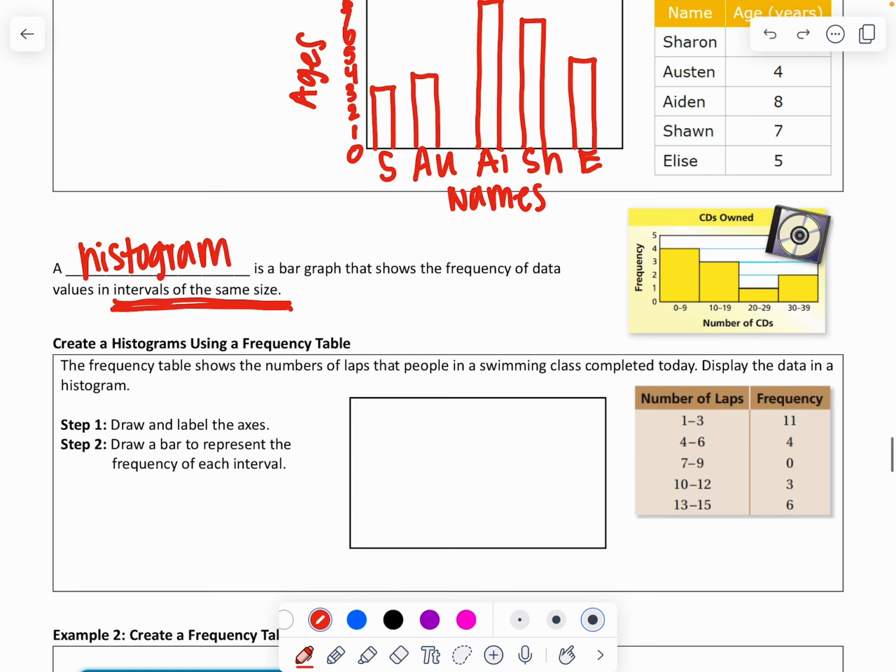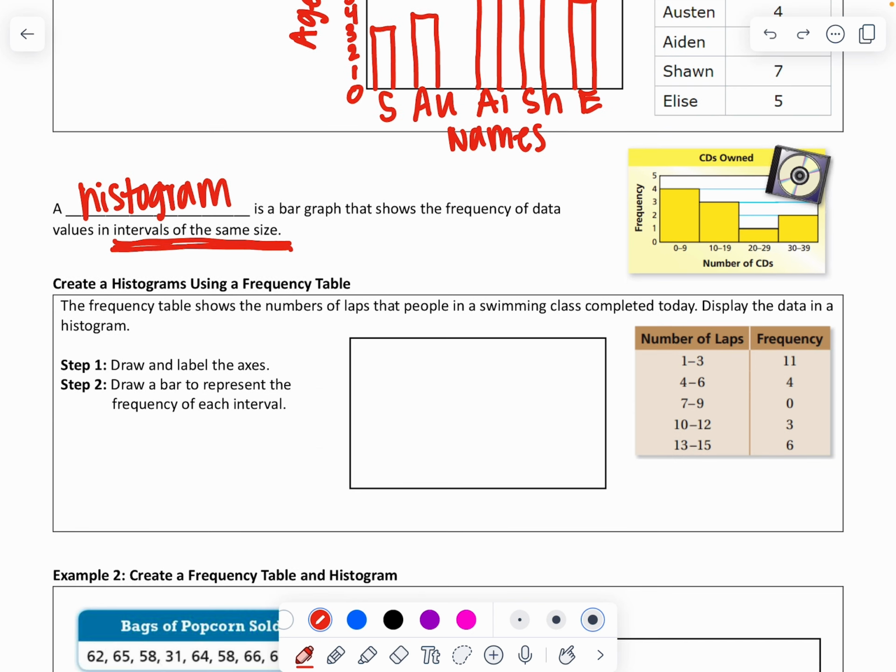So in this example, the frequency table shows the number of laps that people in a swimming class completed today. Display the data in a histogram. So I'm going to just title it laps, okay, or swimming class, whatever you want to label it. And then at the bottom, we're going to have number of laps.